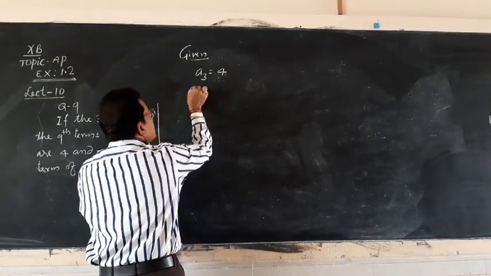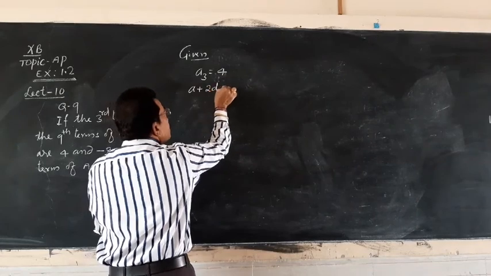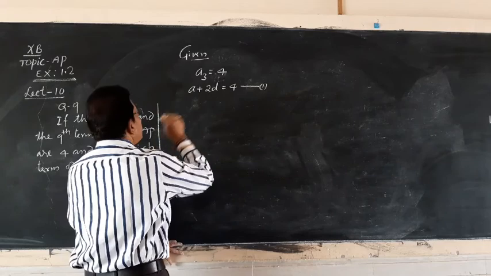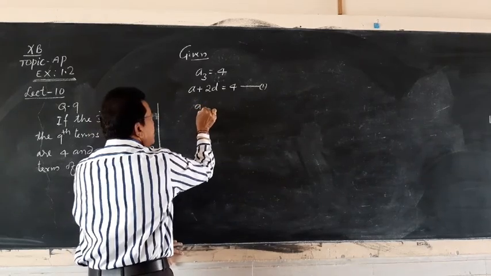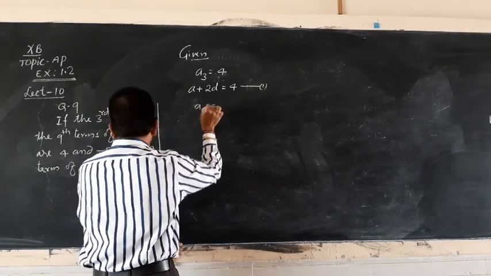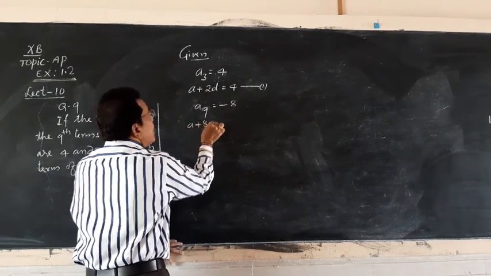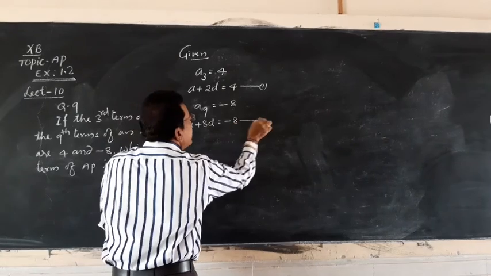That is, A plus 2D equals 4. Then the ninth term, A9, equals minus 8. That is, A plus 8D equals minus 8.